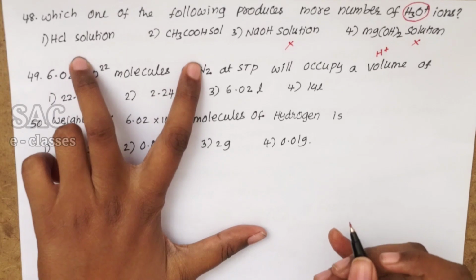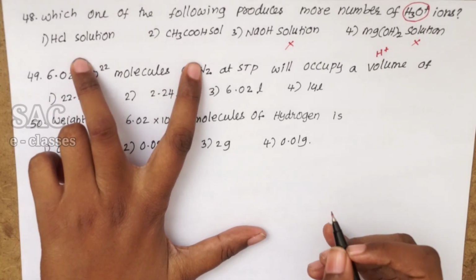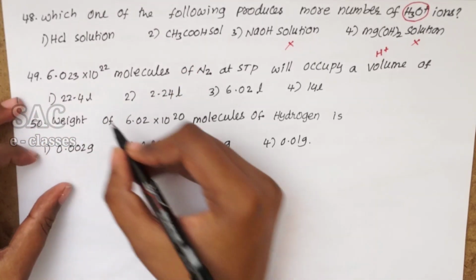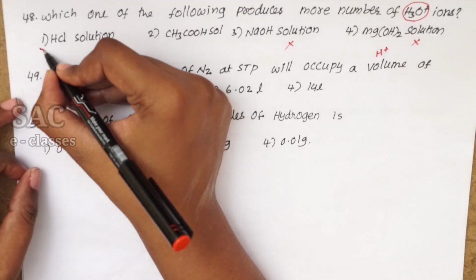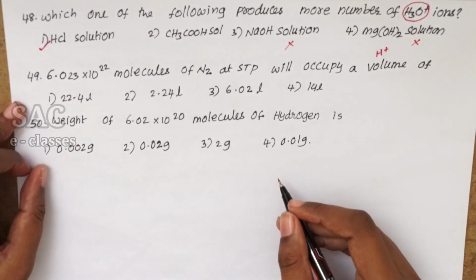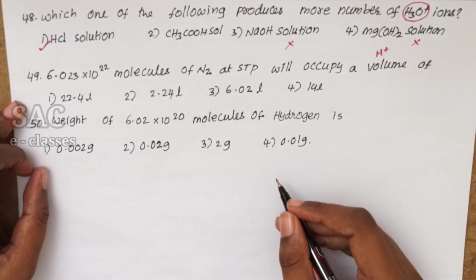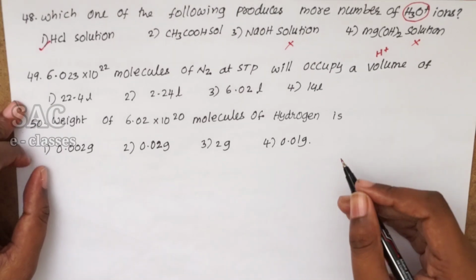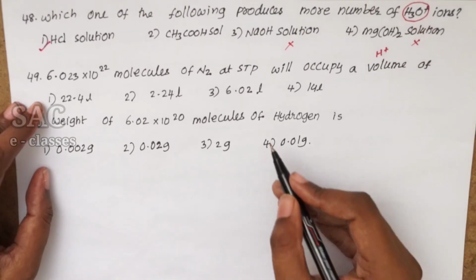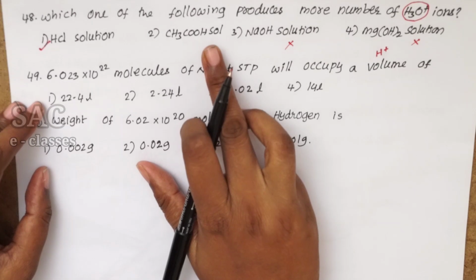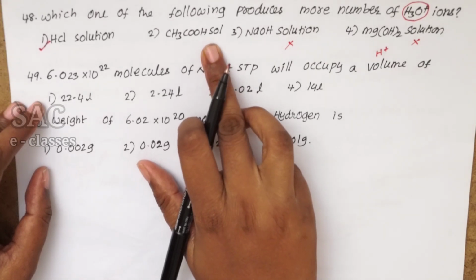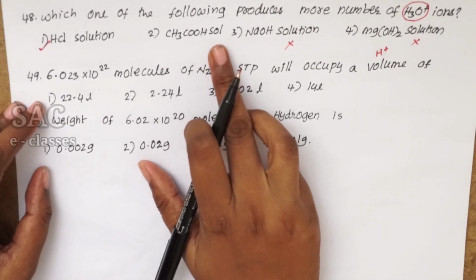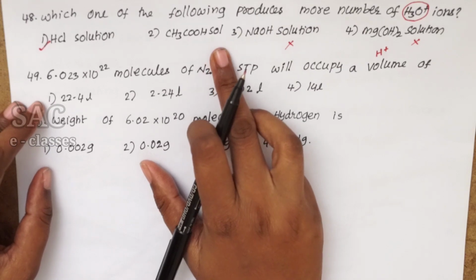Again these two are acids, but which one should we take? The strong one, which releases more H+ ions because its ionization is much more. Acetic acid, being a weak acid, cannot produce more H+ ions.